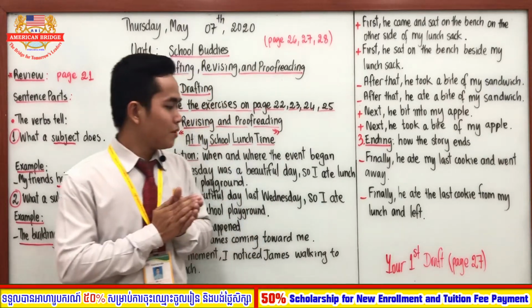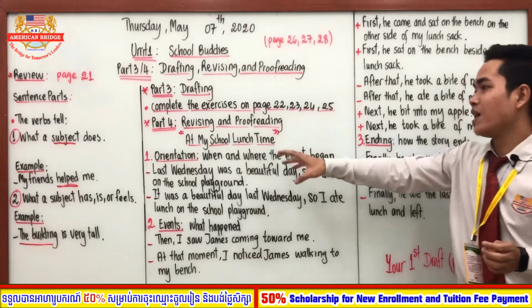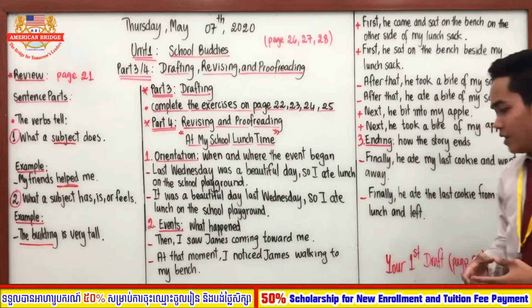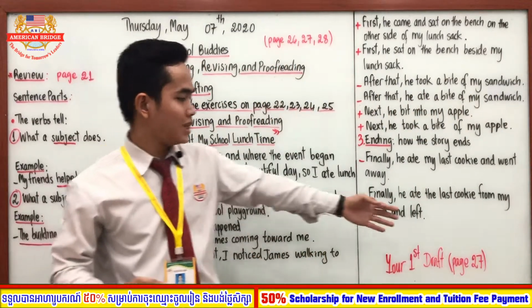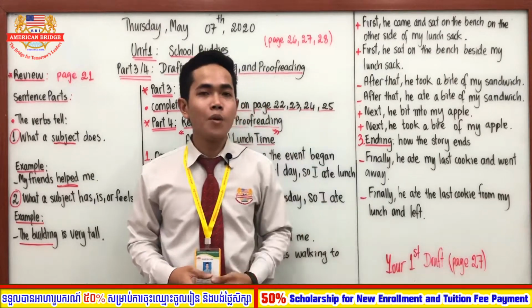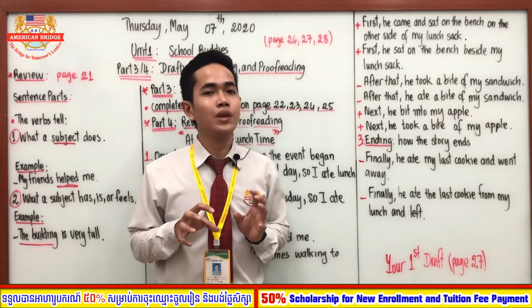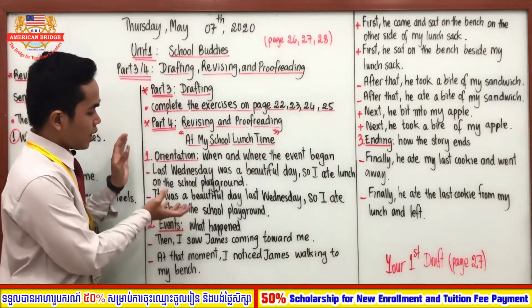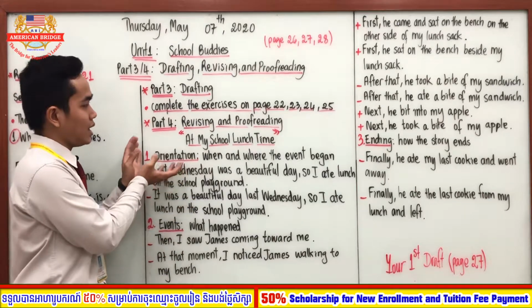Good, so we have finished our part 4, which is about revising and proofreading. Next, I want you to move your attention to our exercise on page 27. Please open your book to page 27. In this exercise, you are going to use many sentences from our lesson part 4.